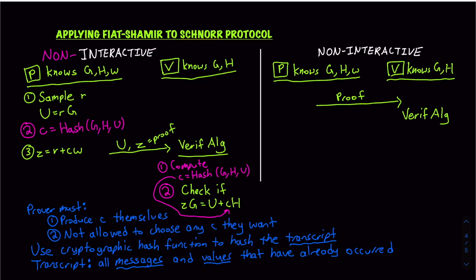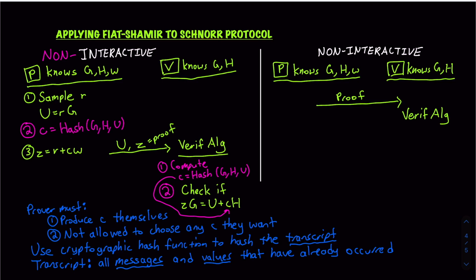But what happens if our interactive proof system has more than 3 messages? How do we apply Fiat-Shamir in that case? That's the next question we'll tackle. For example, the Schnorr protocol is designed to prove a very specific statement, that the prover knows a secret W such that W times G equals H. By itself, that's all Schnorr can do. It can't directly express more general statements.